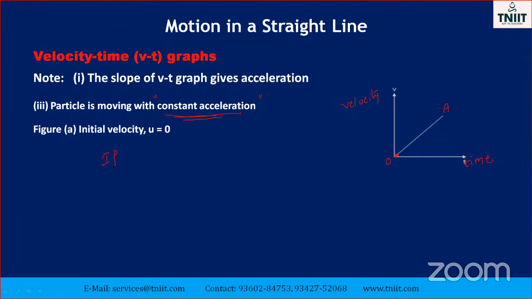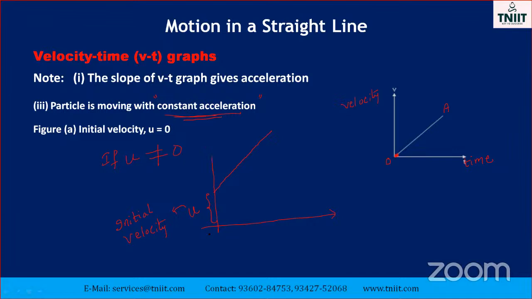Suppose the initial velocity is not equal to zero, then you are going to take the graph like this. The line should be like this. So here there is an initial velocity u. U is the initial velocity.